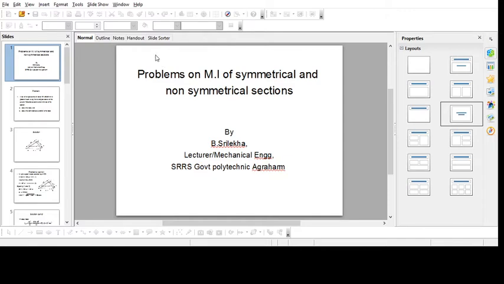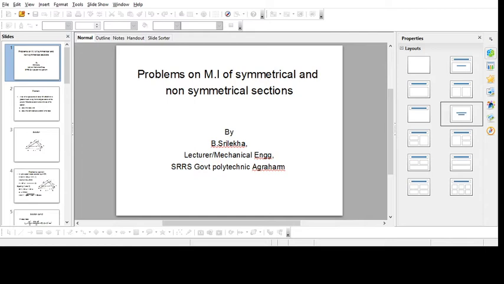So h1 is equal to y bar minus y1, nothing but 44.28 minus 10. Next, h2 is equal to 65 minus 44.28, which is y2 minus y bar. It is simply 20.72 mm.